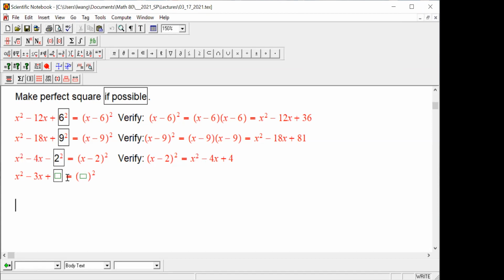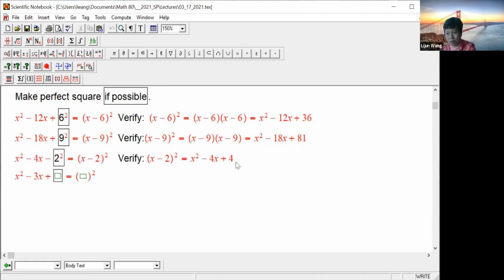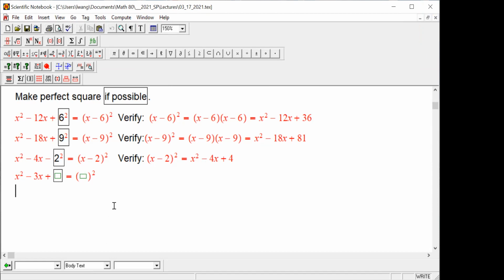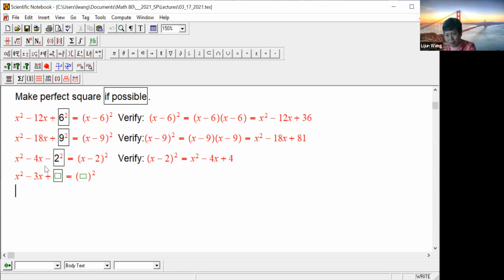They're the same. This is -4. This is +4. Are they the same? -4, +4, are they the same? Did you find the match?